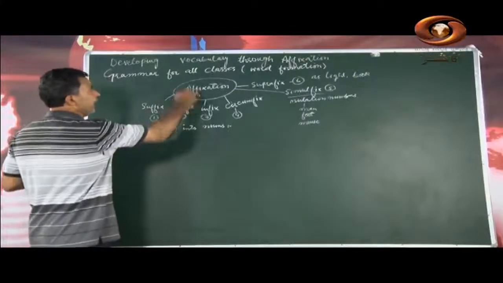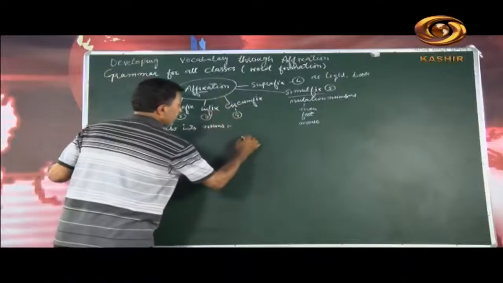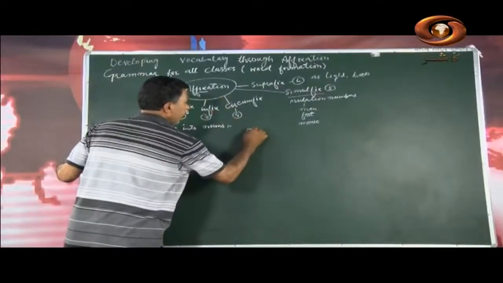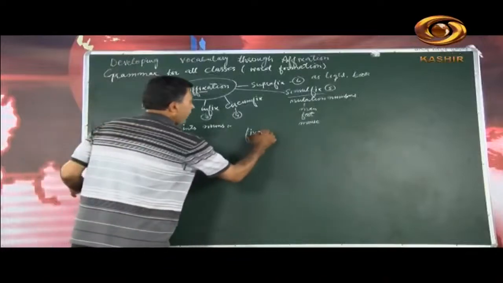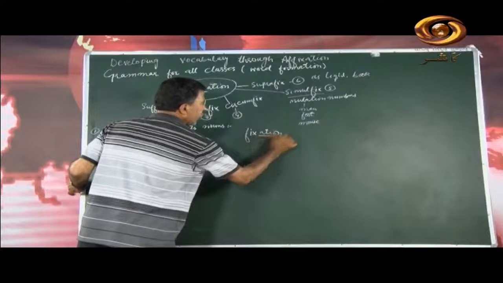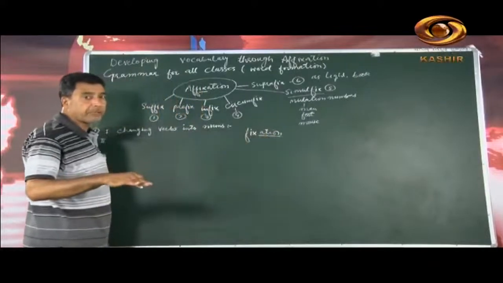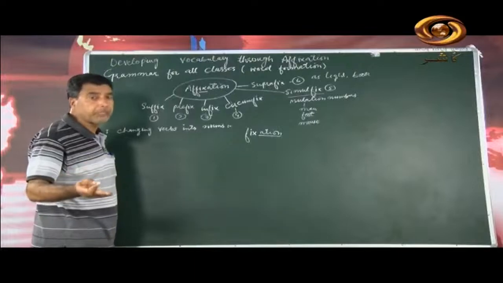Here is the word affixation, and what is the root word here? That is fix. See, F-I-X, fix is the root word here, and when we add A-T-I-O-N, it becomes fixation. Fix as verb, then fixation as noun, we can use it.